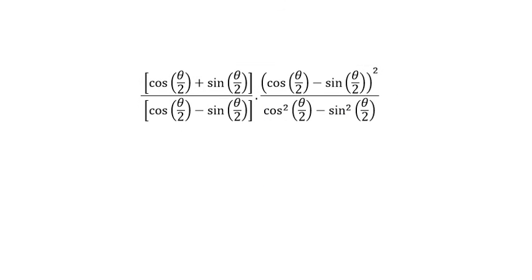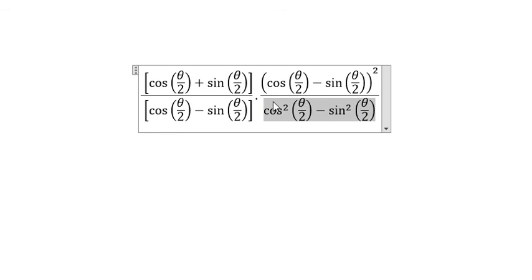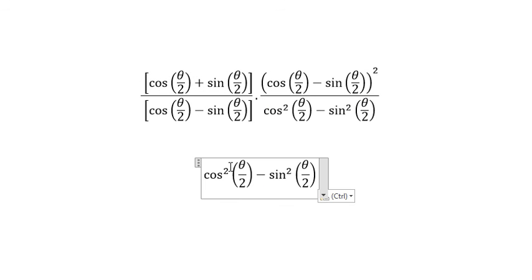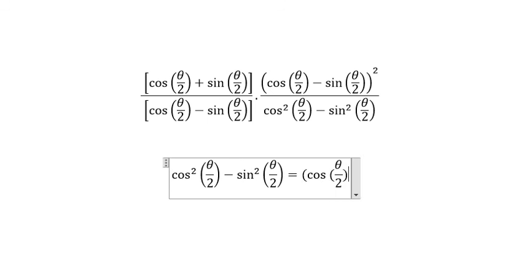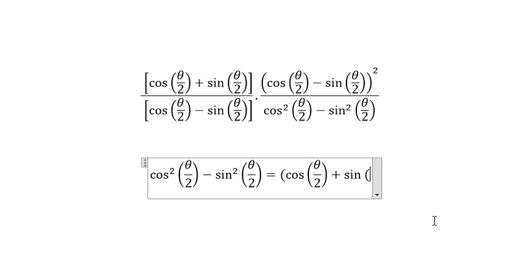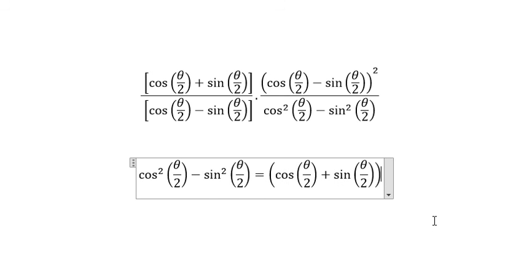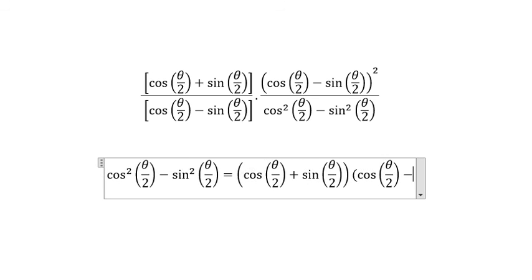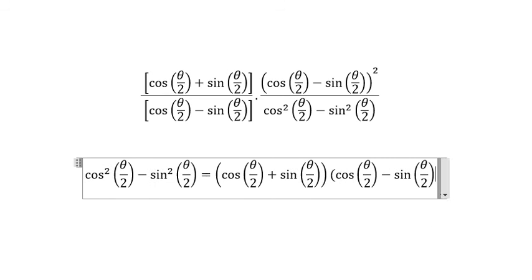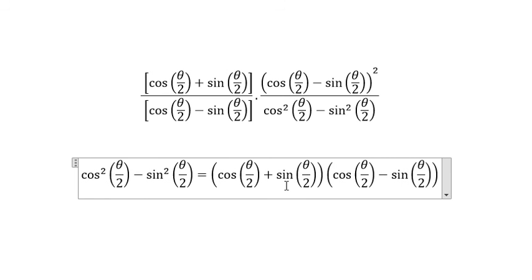In this situation, we will have a power 2 minus b power 2. You get cosine theta over 2 plus sine theta over 2, multiplied with cosine theta over 2 minus sine theta over 2. And now we change this one for this formula.